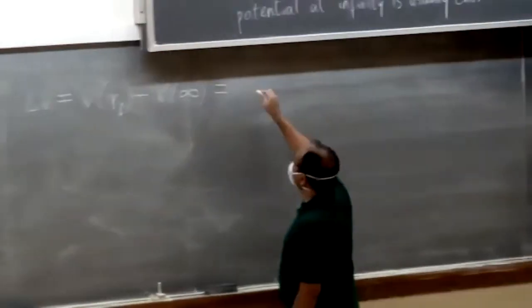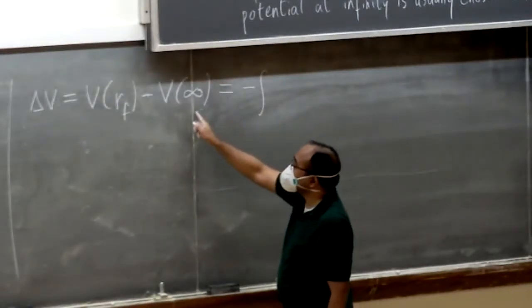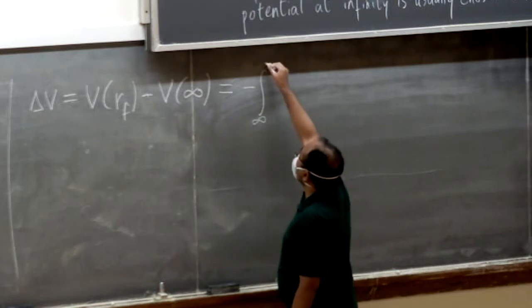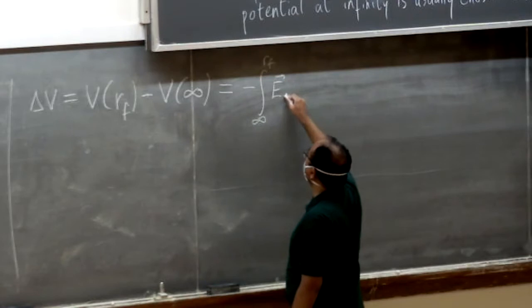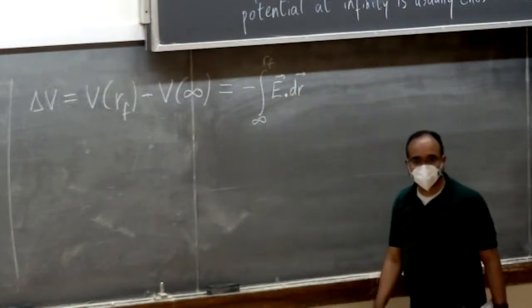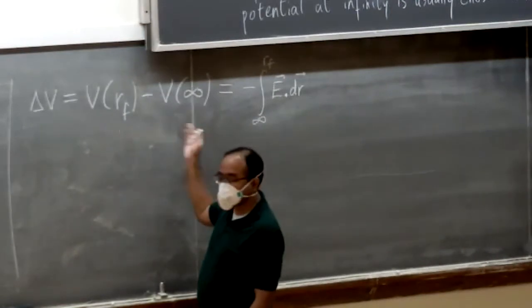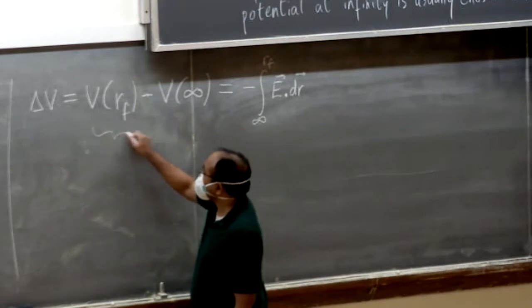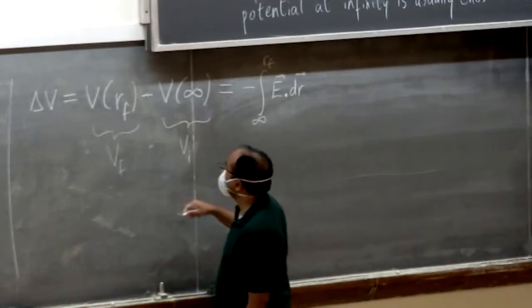And so by the definition, this is going to be the integral from infinity to r final, because this should be V final minus V initial. Delta V, final, this was V initial.